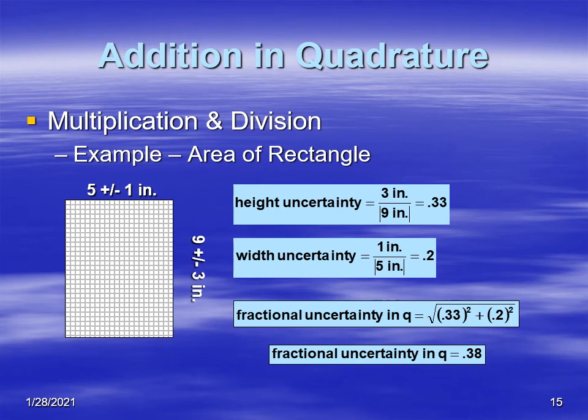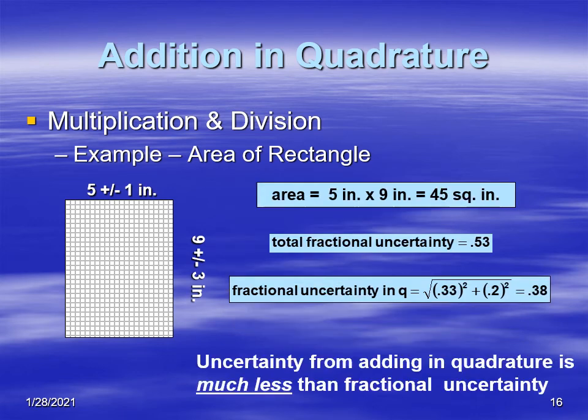When we do that, instead of 0.53, we get a fractional uncertainty of 0.38. Once again, it's much less. So 0.53 is, for systematic errors, the worst case it could be, but the more probable, if your measurements and uncertainties are random, would be a 38% error instead of a 53% error.